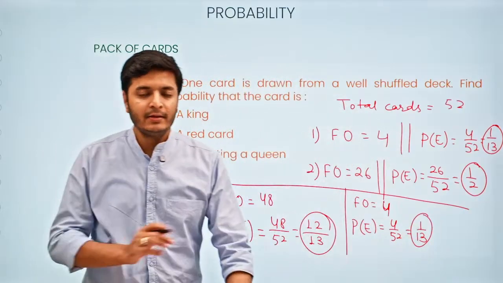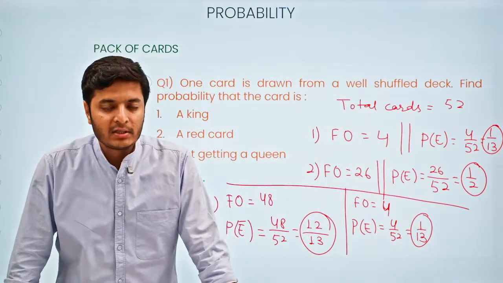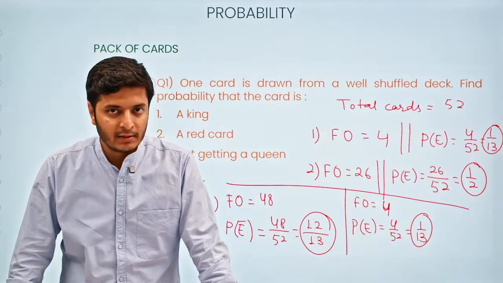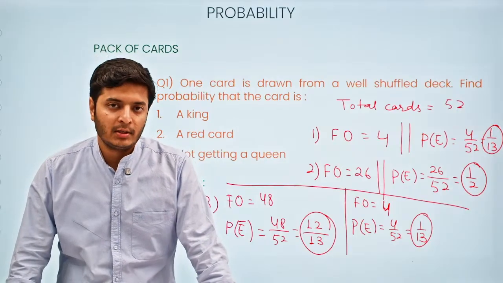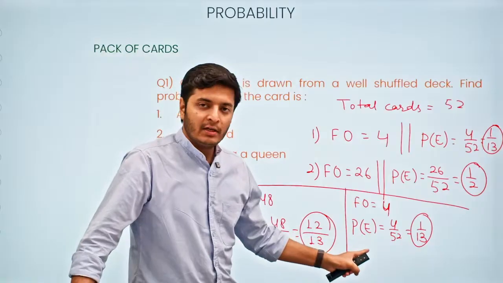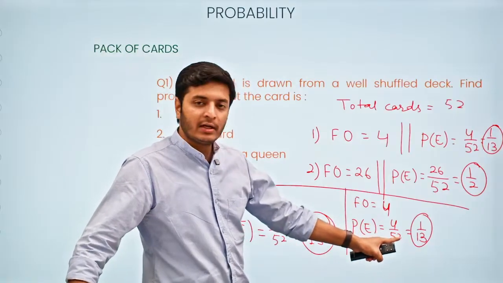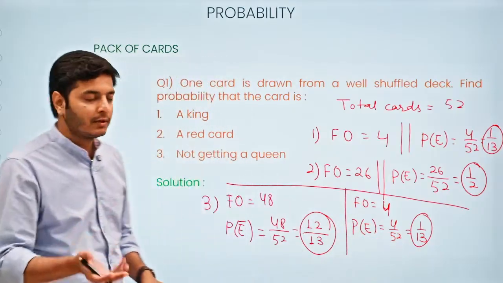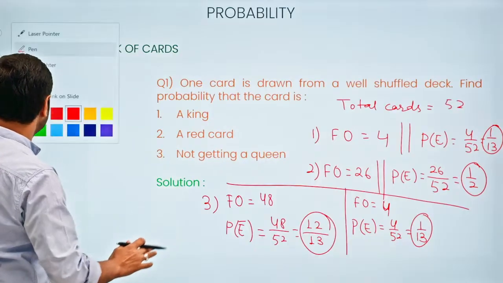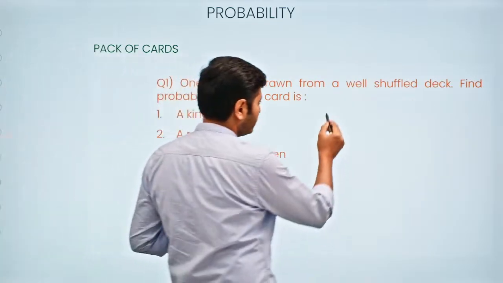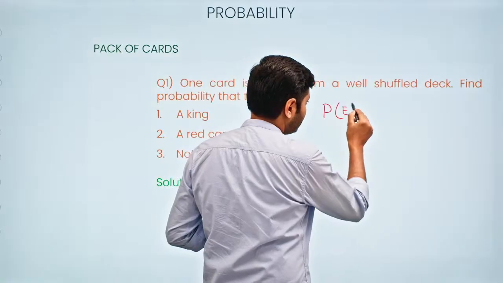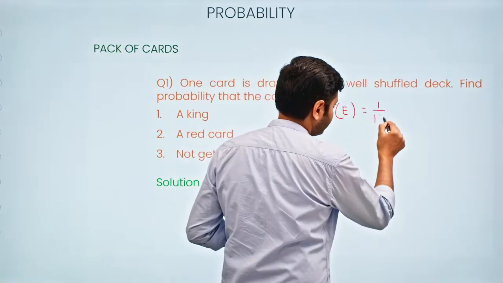Now, as we know, P of E plus P of E bar will always result in 1. So we can apply this formula. P of E we have, P of E bar we need to calculate, and 1 is 1 only. So let me remove everything from here. P of E we already calculated, 1 by 13.